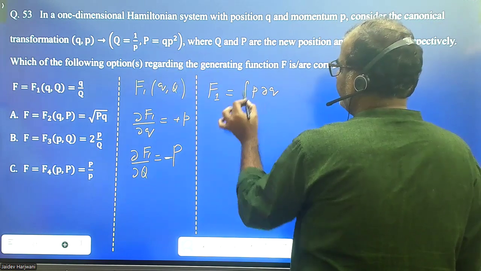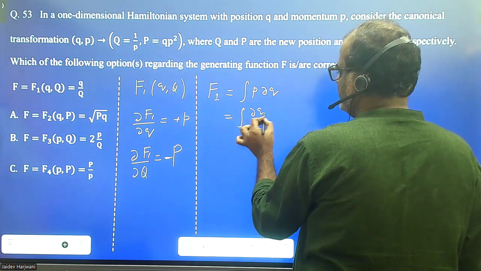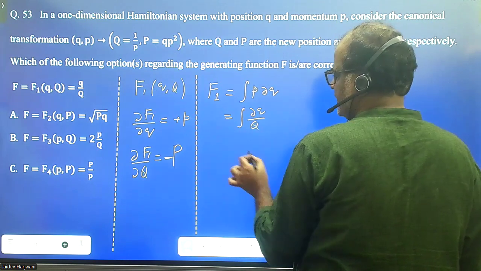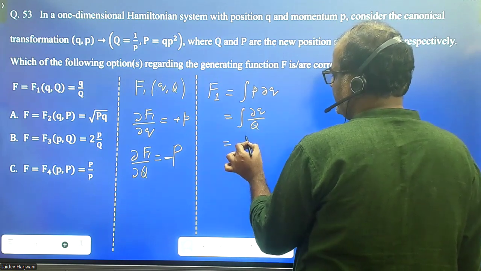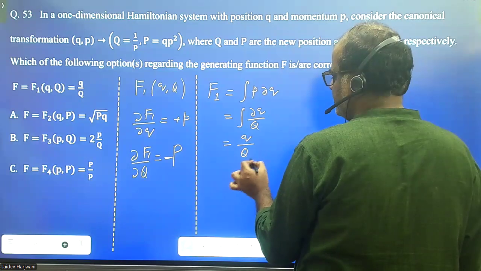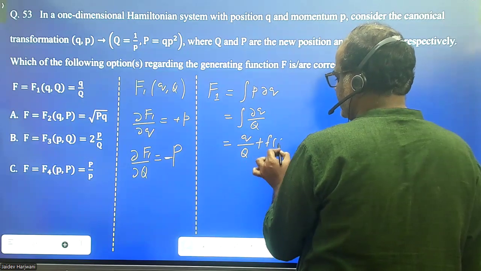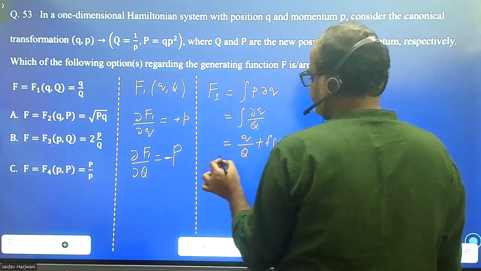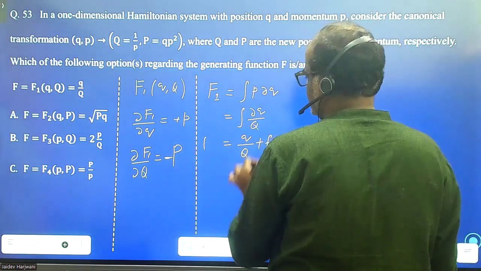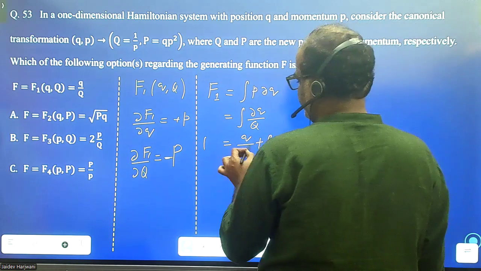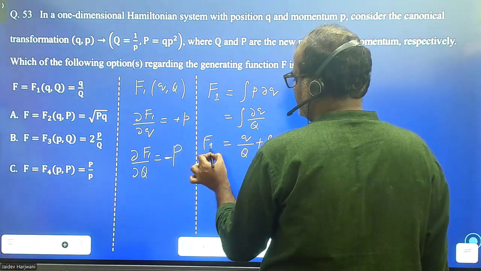So this will be dq upon capital Q, and if you solve this, this will give me q upon Q and some function of the independent variable Q.